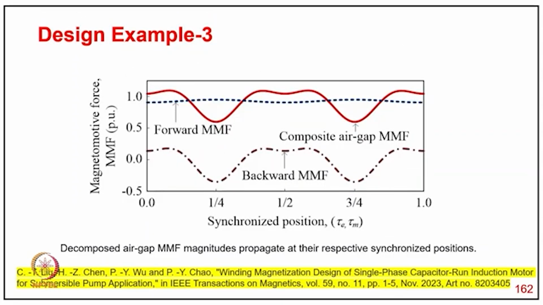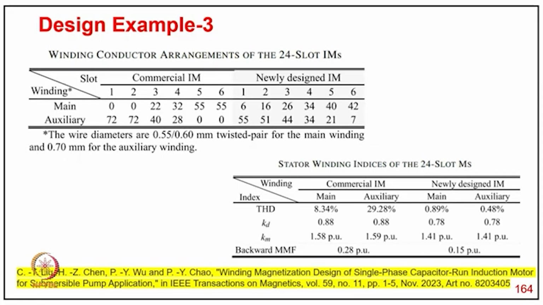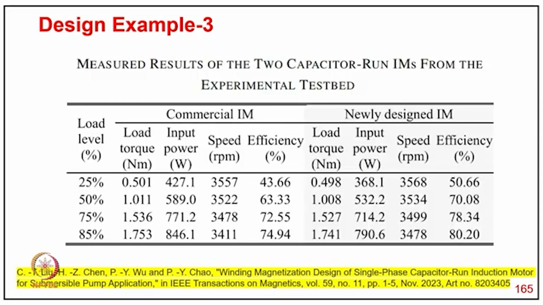These are the decomposed air gap MMFs propagating at their respective synchronized position for the two cases, and then the conceptual winding arrangement of the two induction motors, one commercial and the other a new design motor for high efficiency. And these are the winding arrangements for the 24 slot motor, old and new motors.